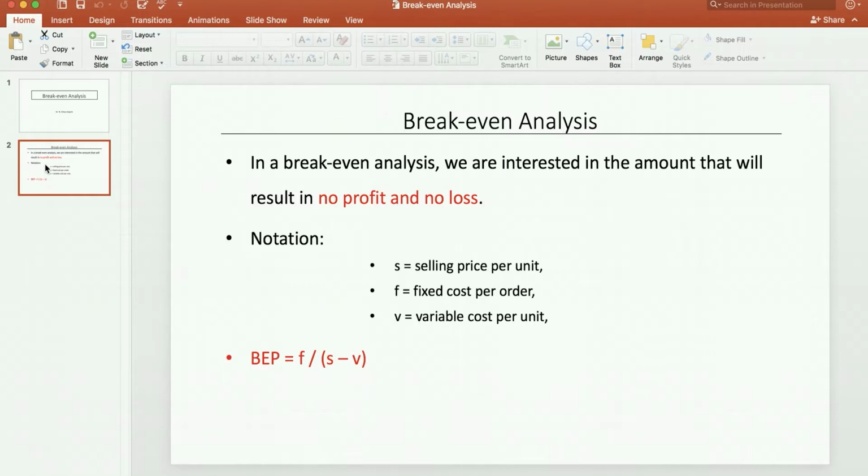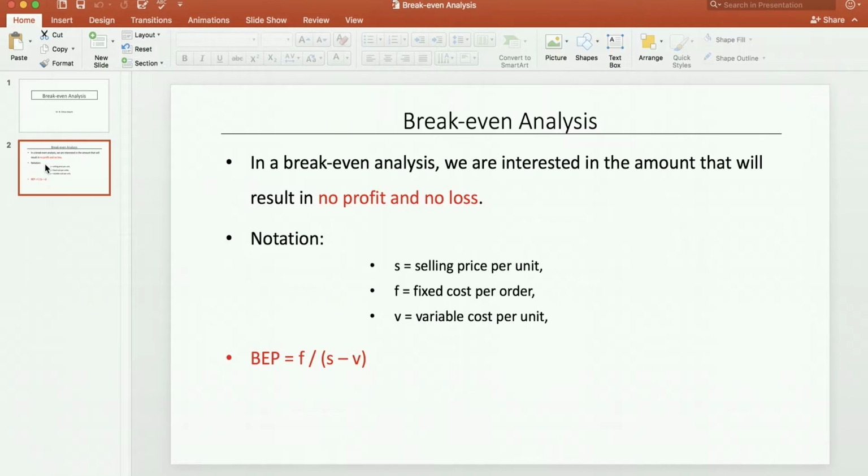So we are going to be talking about a few notations. This will include the selling price per unit, which we will denote by S, the fixed cost per order, which is F, and the variable cost per unit, which is V. So to find the break-even point, the formula that we will use will be F, which is the fixed cost, divided by S minus V. So S is the selling price, V is the variable cost.